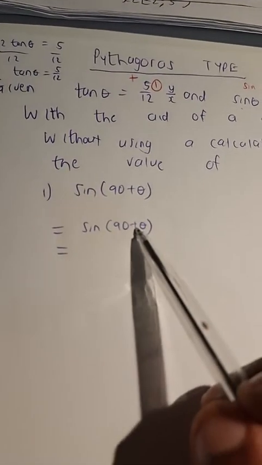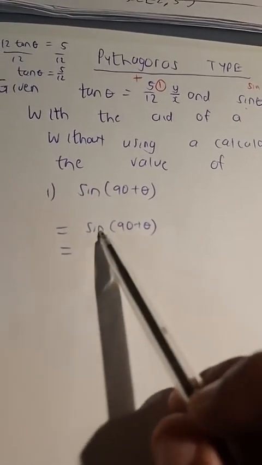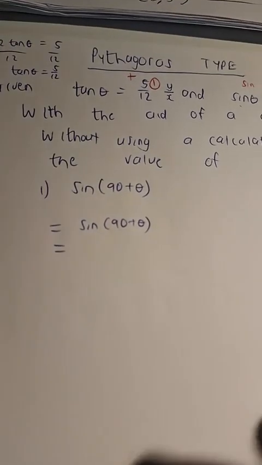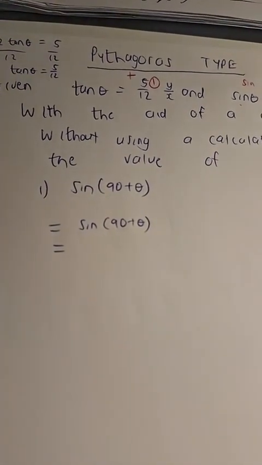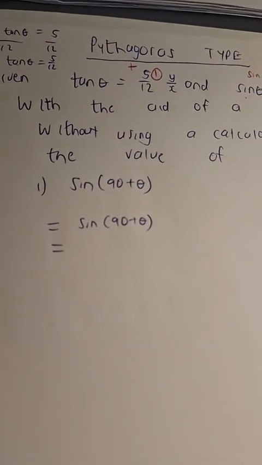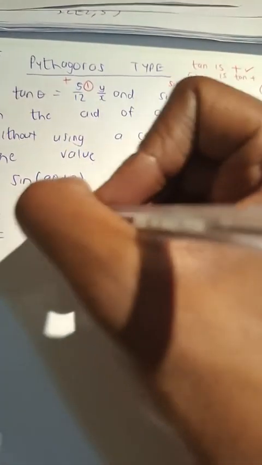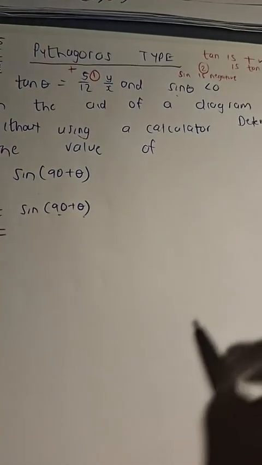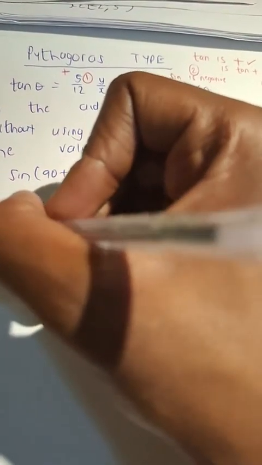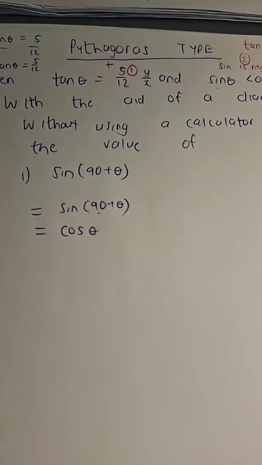But if it is a co-function value, I need to worry about sine changing to cos. So it's a co-function. Thank you so much to all the others who have answered internally within their hearts. So 90 plus theta is in which quadrant? Second quadrant. How is sine? Sine is positive, but then we write the co-function cos theta.